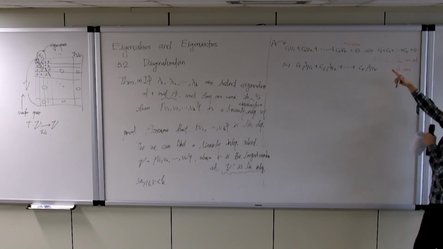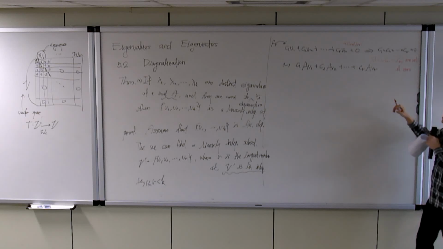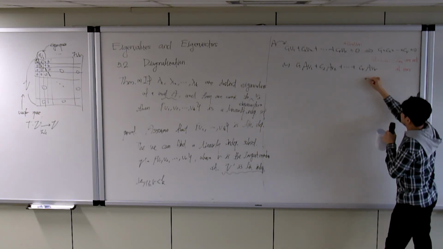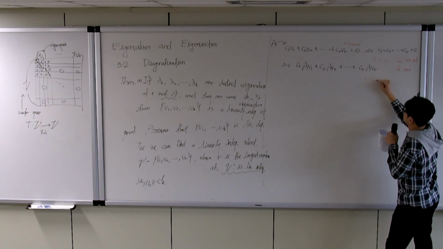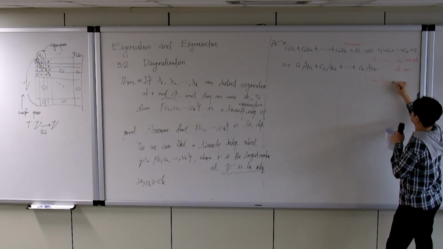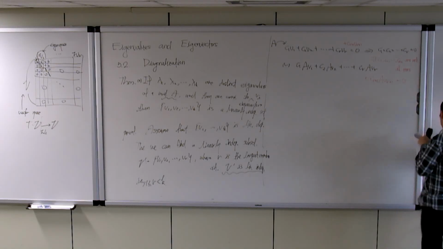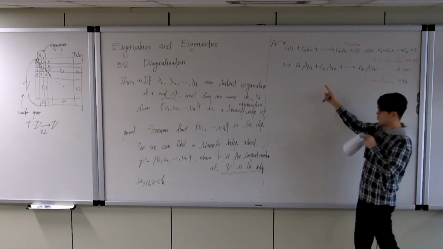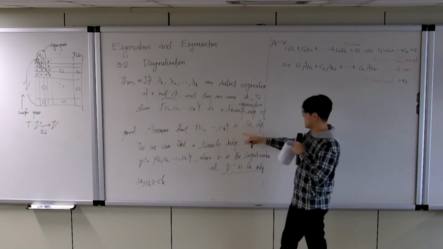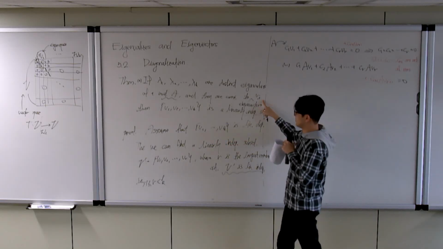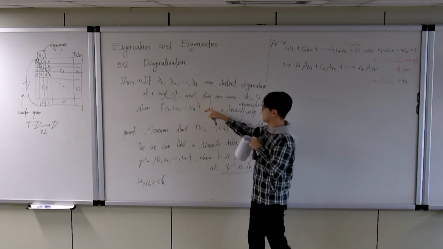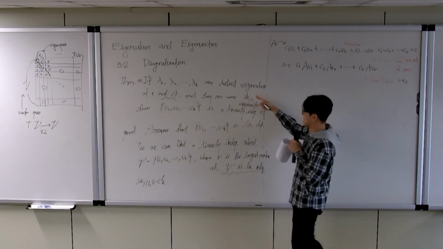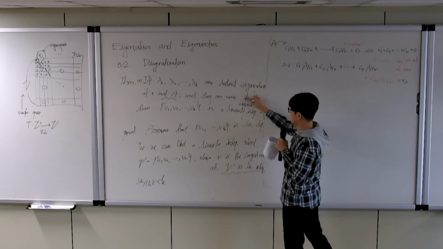And subtracting this equation from this equation, you will get the equation c1(lambda1 minus lambda(r+1)) v1 plus c2(lambda2 minus lambda(r+1)) v2 and so on, plus cr(lambda r minus lambda(r+1)) vr equals 0.